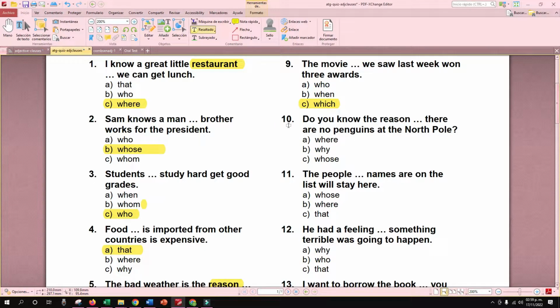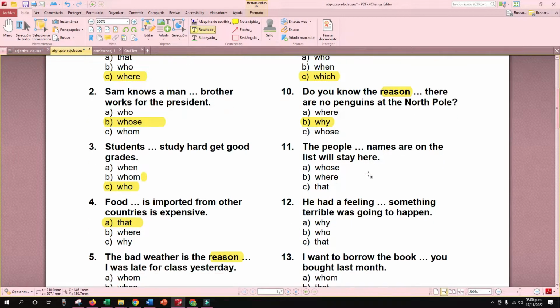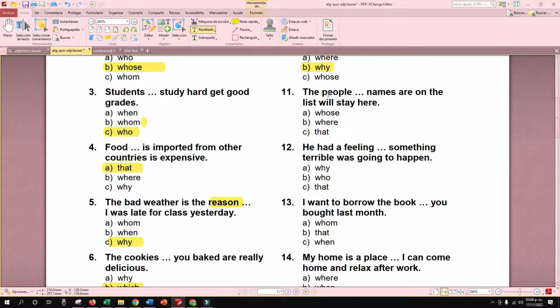Excellent. 10. Do you know the reason there are no penguins at the North Pole? Where, why, or whose? Talking about reason. Why? Perfect. Why, right? 11. The people names are on the list will stay here.